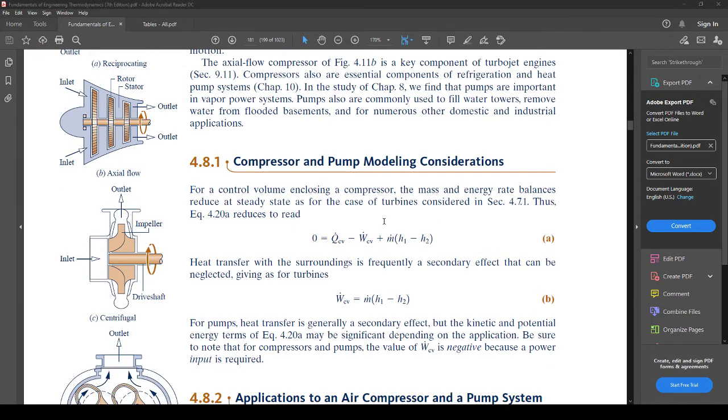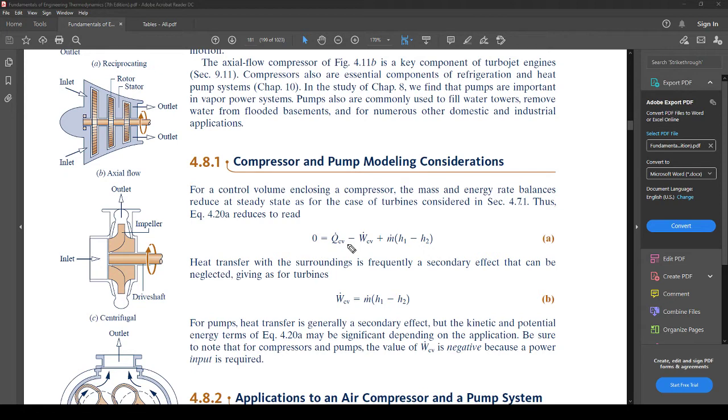Then we have here 4.8.1 compressor and pump modeling. Once again, we have to figure out what each one of these things do. Pretty straightforward for compressors and pumps. We get rid of a couple of things. Obviously with a compressor or a pump, we are going to use power, right? We are putting in power, because you don't just increase the pressure of something and it makes work for you.